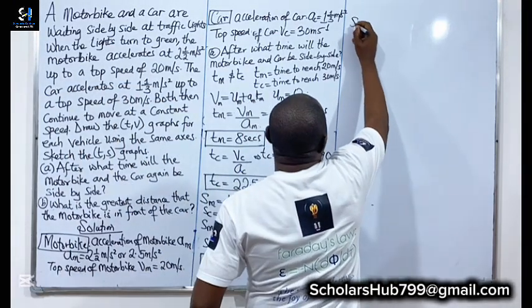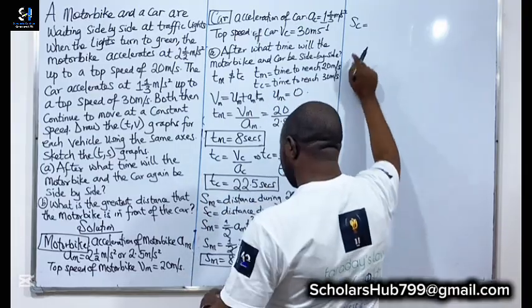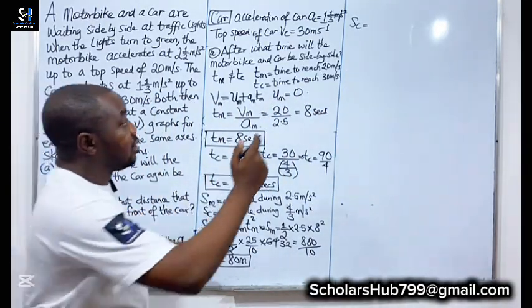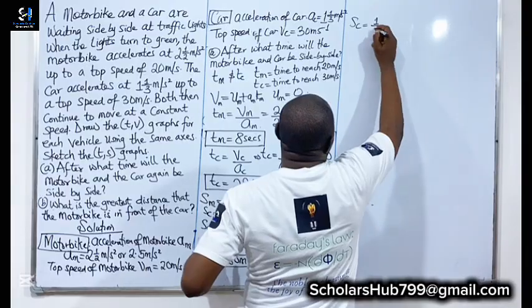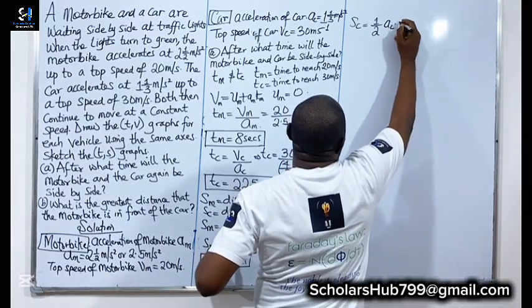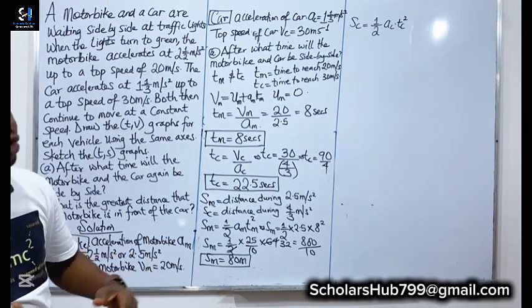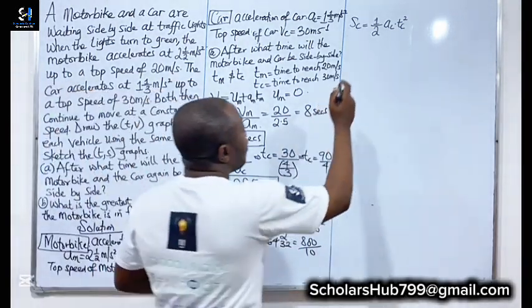Okay, so now it's for us to calculate Sc. I'm going to use the same formula, now in terms of the car. So it will be 1/2 of the acceleration of the car multiplied by the time it takes the car to reach its top speed, raised to the power of 2.